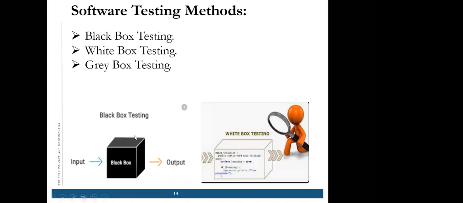Black box testing is also called behavioral testing, and white box testing is also called glass box testing. Okay, so these are the two different testing types. I hope it is clear. If there is any doubt, you can ask.